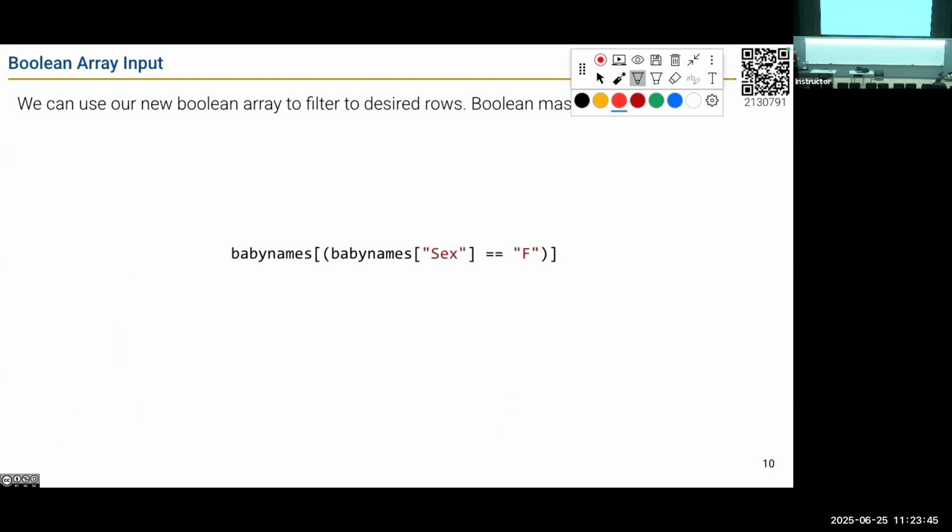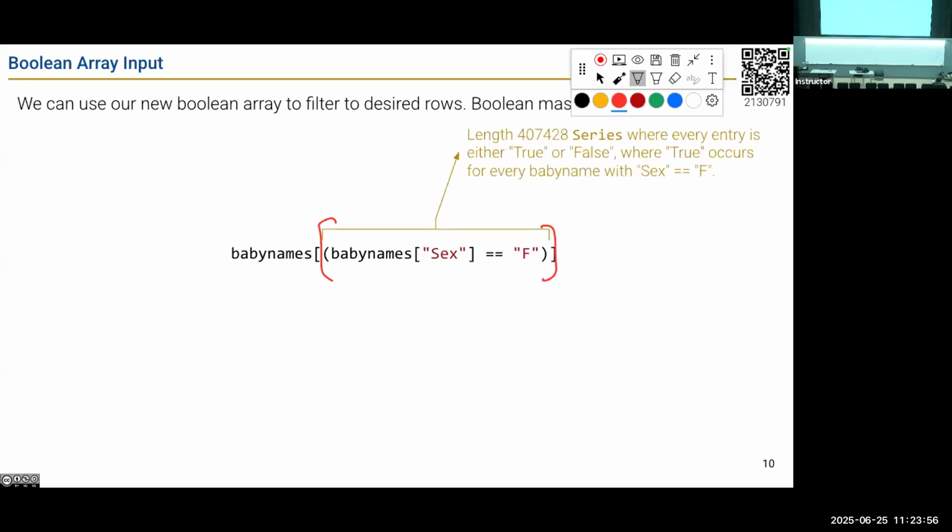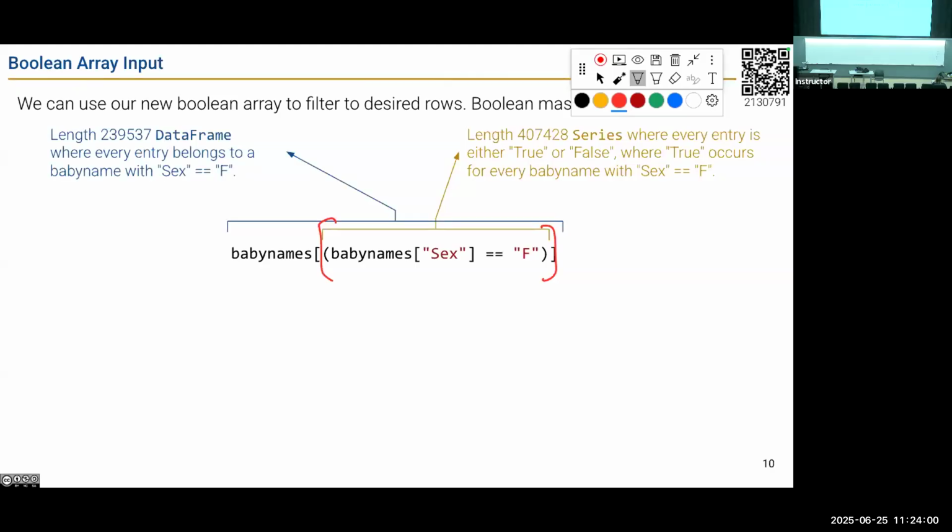Okay, so then what we can do is actually pass that array right into our original data frame. We're going to use context-dependent extraction and pull out all of the rows corresponding to female. So that inner array is the same thing we saw last time. We're extracting now all of the rows where the sex of the baby name is female, probably recorded from the Social Security Administration.